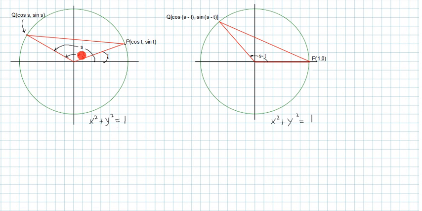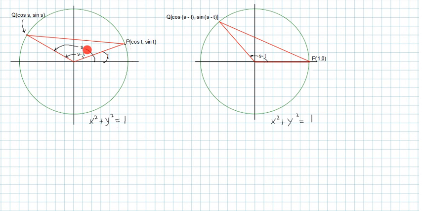Notice here that s minus t is this angle. So we have s minus t here. And let's see if you agree on the points. I have point P here. In the unit circle, x is actually cosine of the angle, so I got x, y as cosine of t, sine of t. Same thing here.